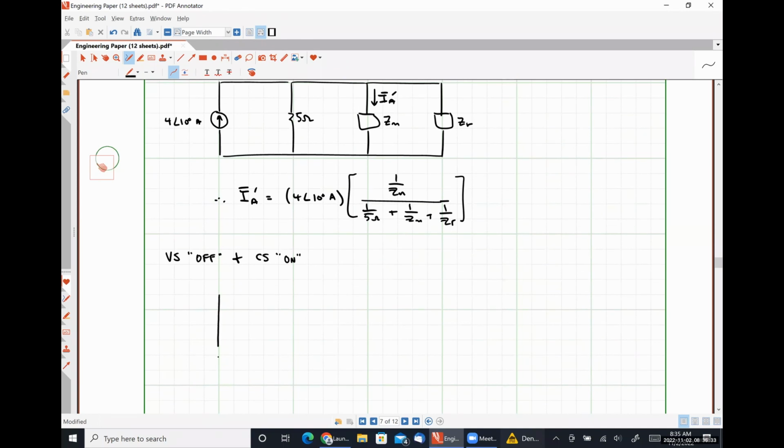So we would have our voltage source turned off with a short circuit. Here's our 5 ohm resistor. Here is, sorry, let me draw this as a generic impedance, ZR.